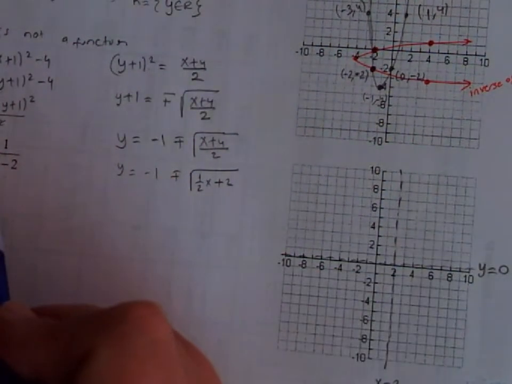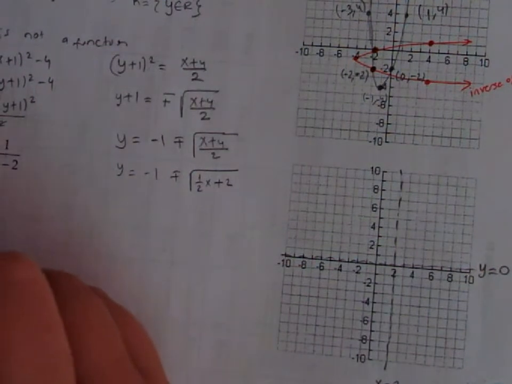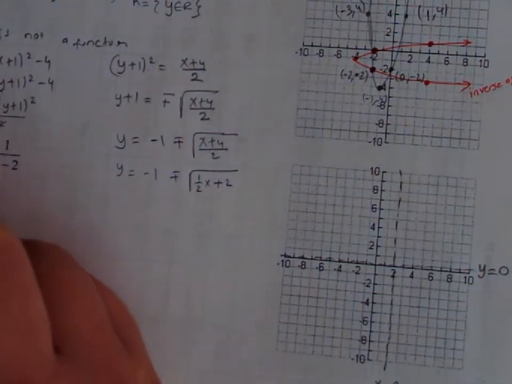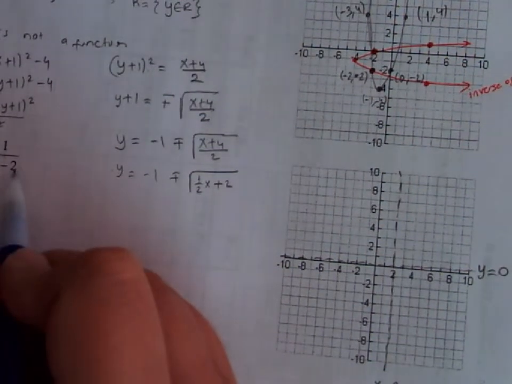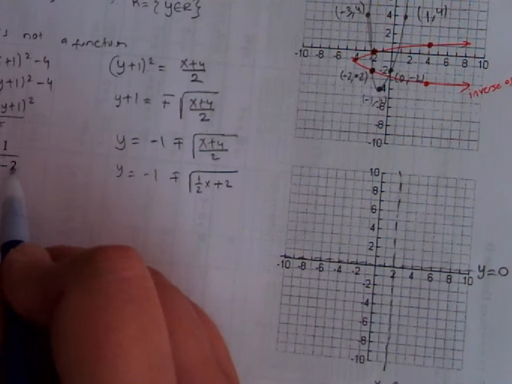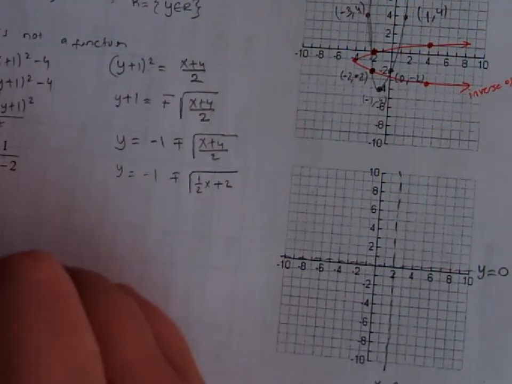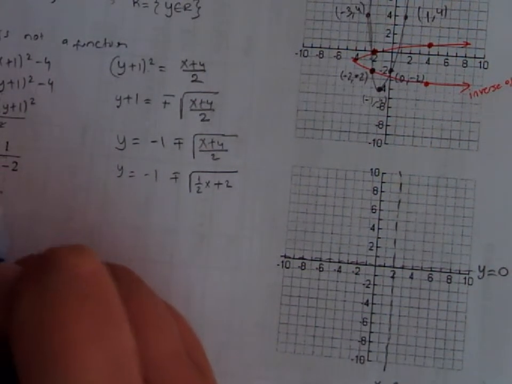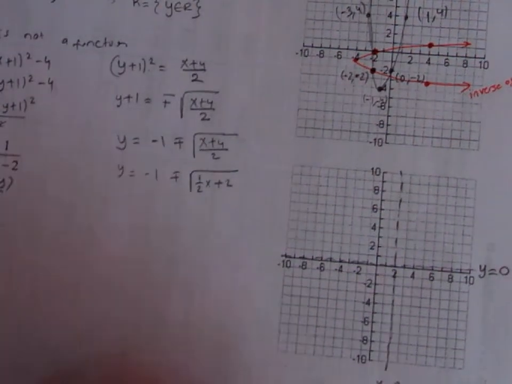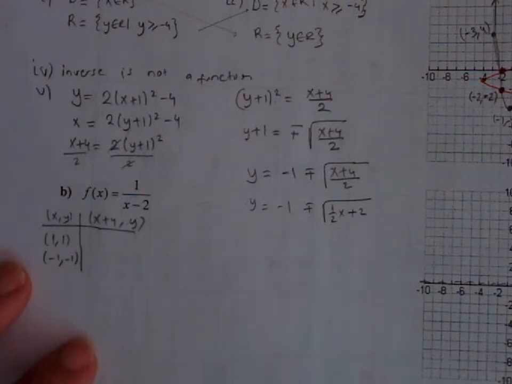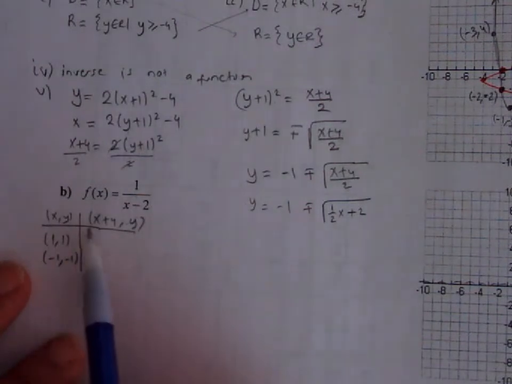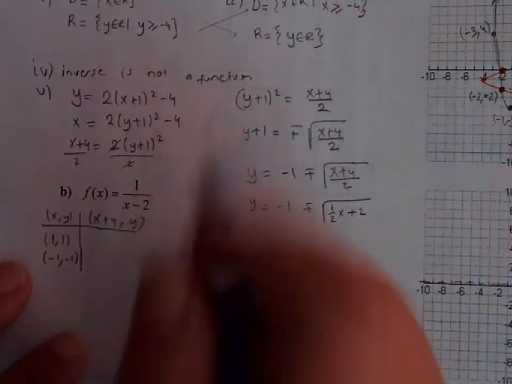So let's take 2 points from the parent function. I'm going to take 1 and 1, negative 1 and negative 1. So only there is a horizontal shift, right? D value here, positive 2. So the mapping rule is going to be x plus 2 and y.